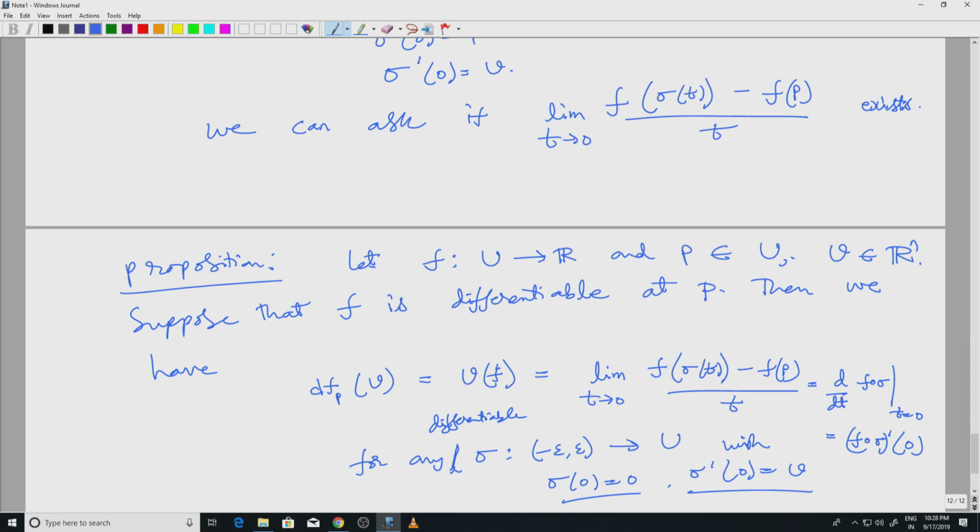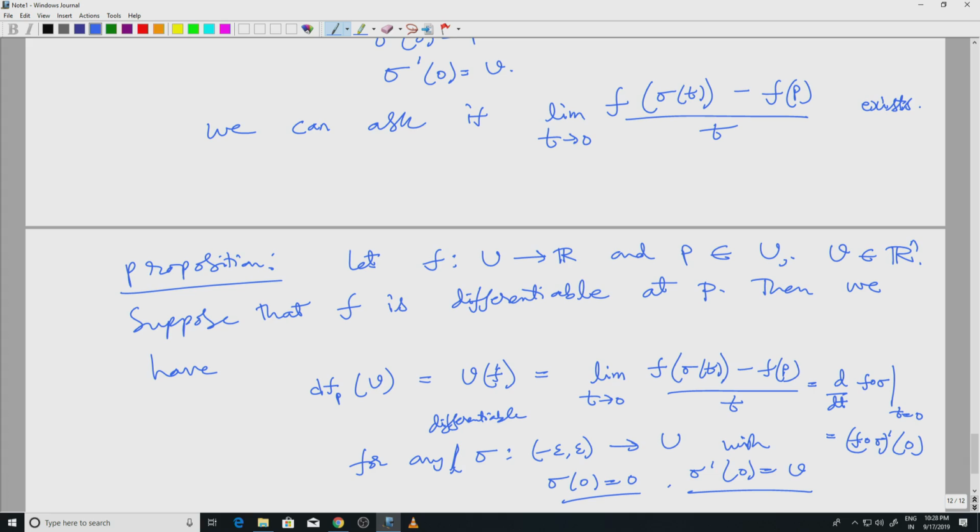This is a real valued function of a real variable, and then calculate the usual derivative. Sometimes, depending on the function f, one can find an appropriate curve sigma where it becomes quite easy to see what f composed with sigma is. So that's the value of this proposition, that in order to calculate the Frechet derivative, I can use this f composed with sigma prime 0.